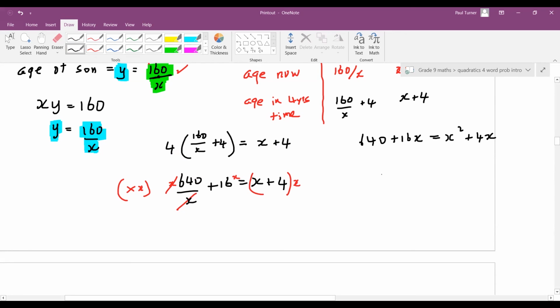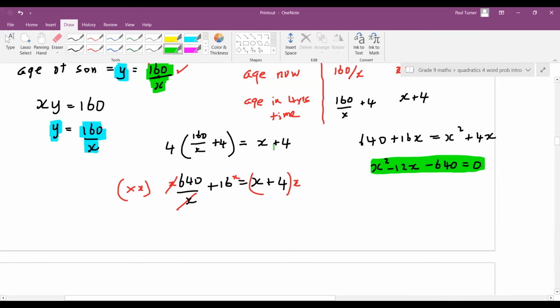So we need to rearrange this equation. We'll get x squared minus 12x minus 640 equals 0 when we rearrange this equation. So this is your equation you need to solve now to find the son's and the father's age.